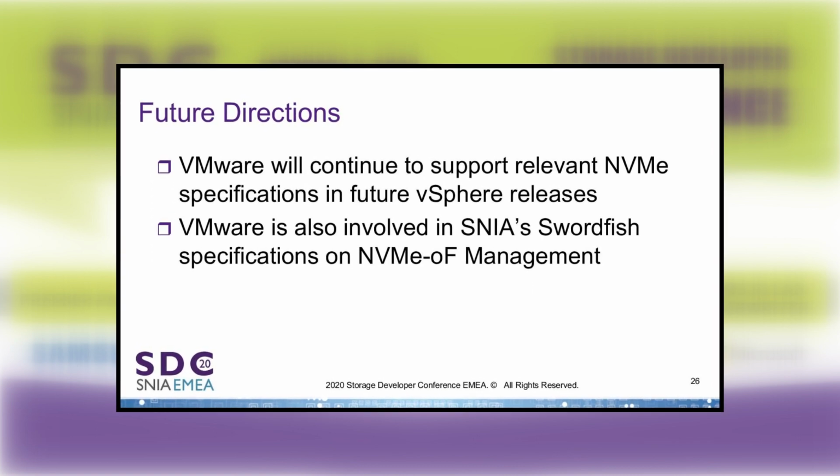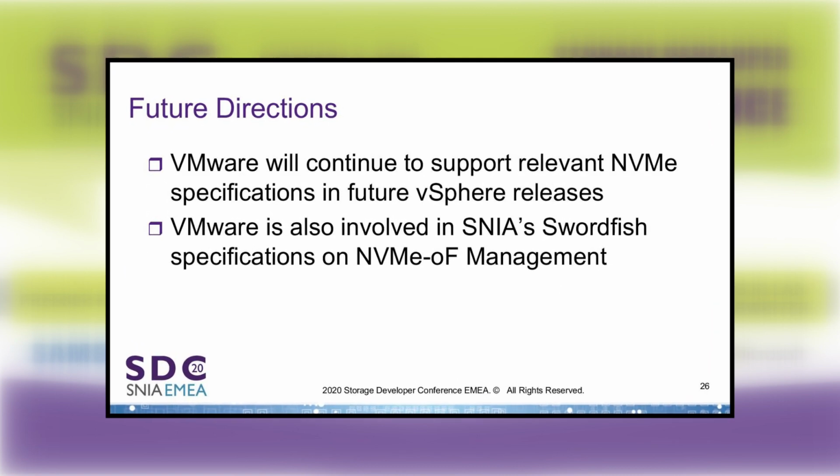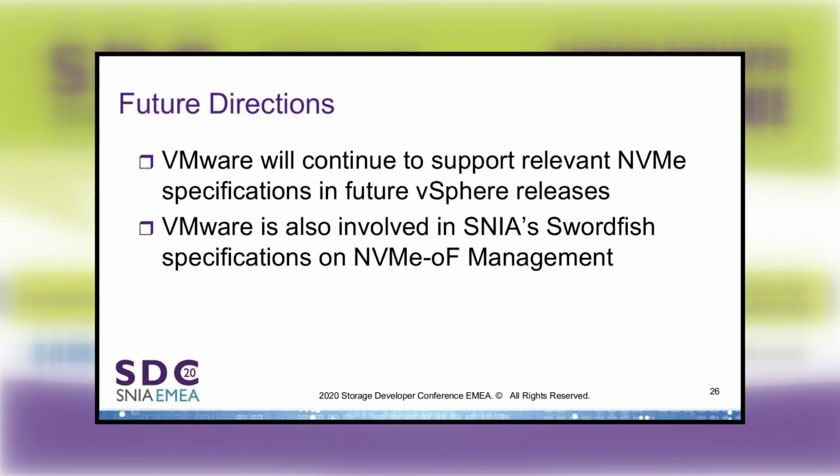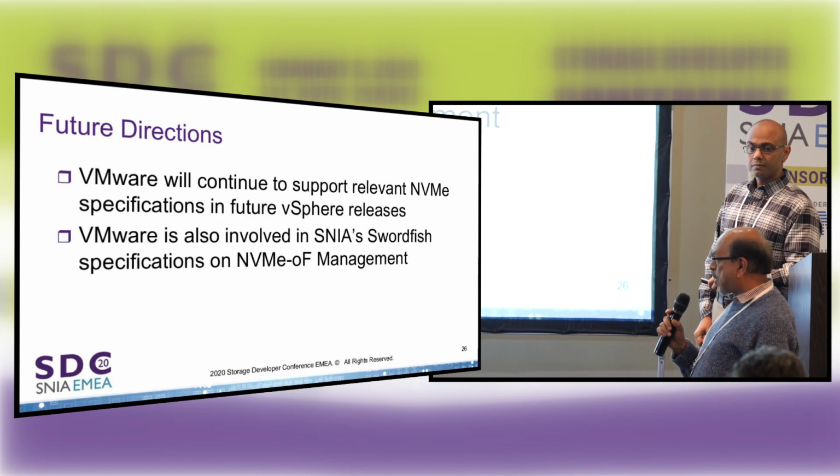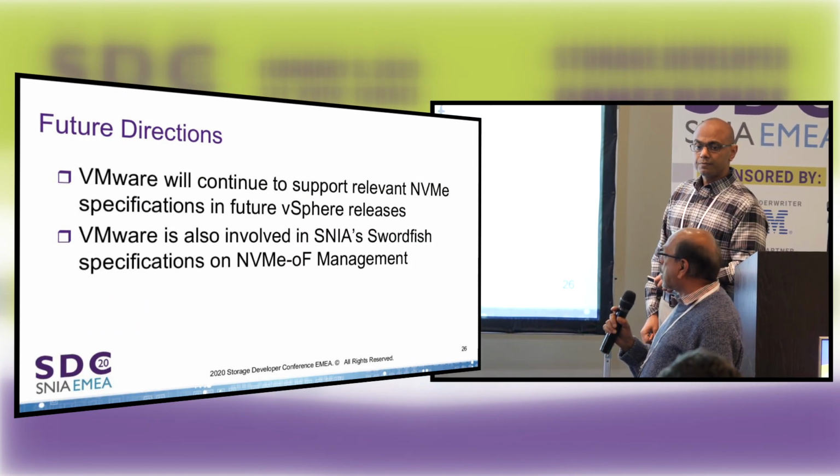So we'll continue supporting all these features. You saw the complementary side on the host that allows companies like NetApp to support their offerings. We'll continue to do that, including reservations, like you mentioned. There's a whole laundry list, including all the technical proposals that are being spun out of NVMeoF.org.